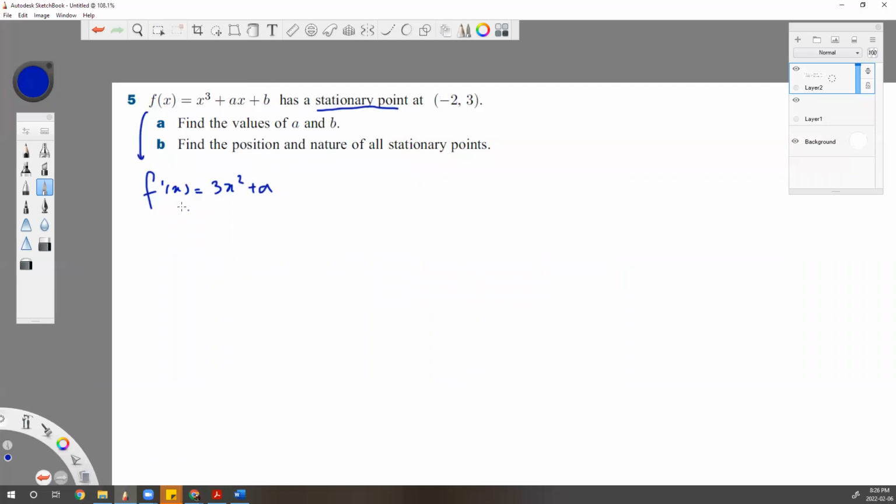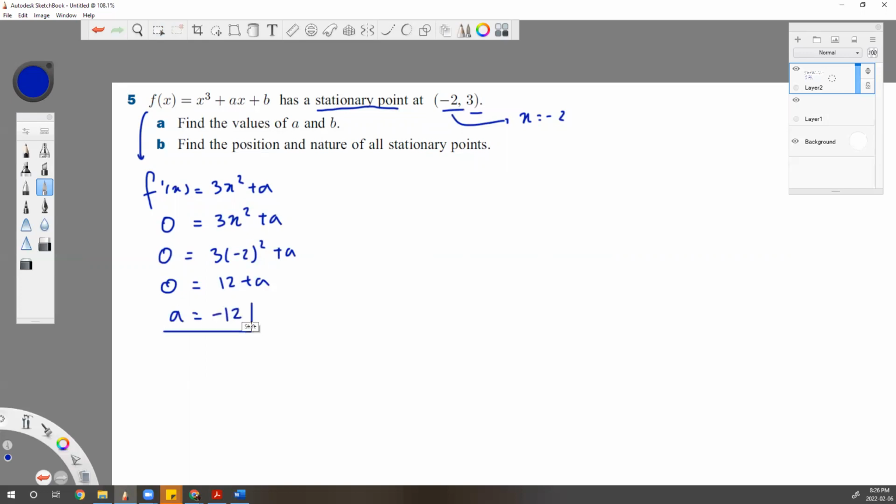And when it is a stationary point, we write 0 on the derivative. 3x squared plus a at x equals negative 2. So you have to focus on the negative 2. Put here 0 equals 3 times negative 2 squared plus a. So you can find the value of a easily. 0 equals 12 plus a. So a equals negative 12. Got it? a equals negative 12.